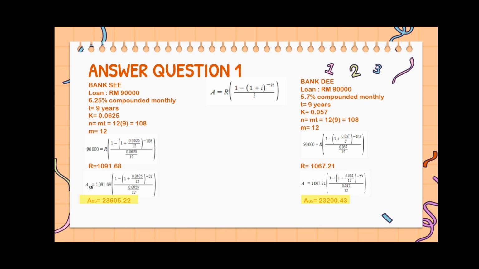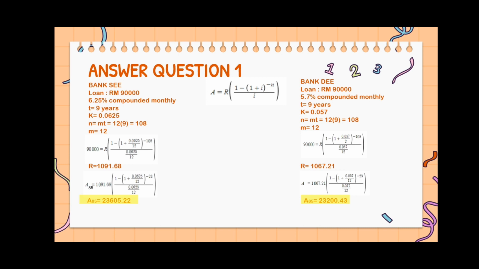The next step is we need to write the information from the question. For Bank C, the loan is RM 90,000, the interest rate is 6.25% compounded monthly, and T is 9 years.